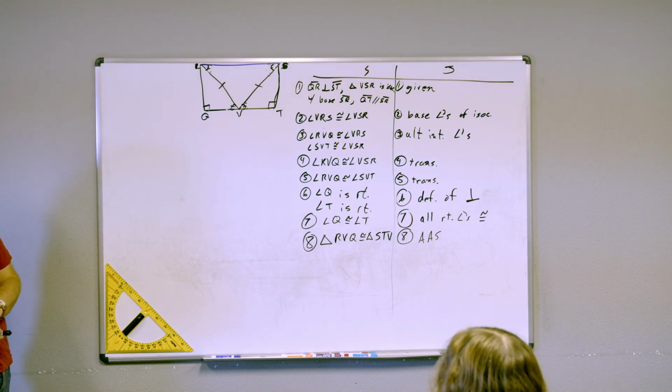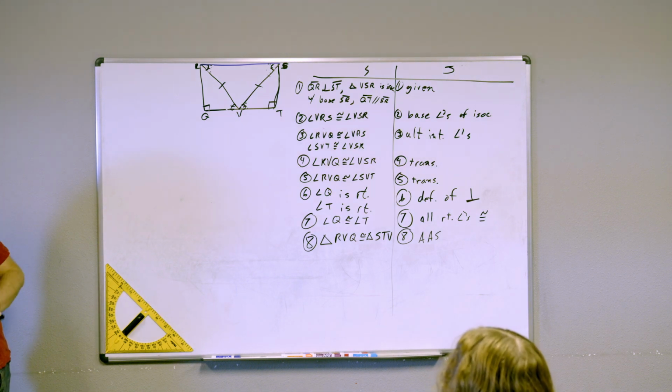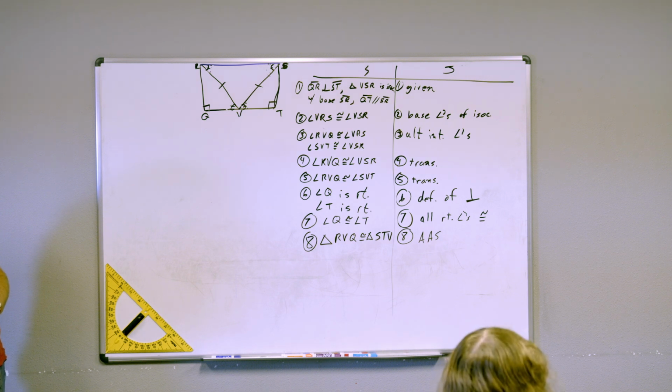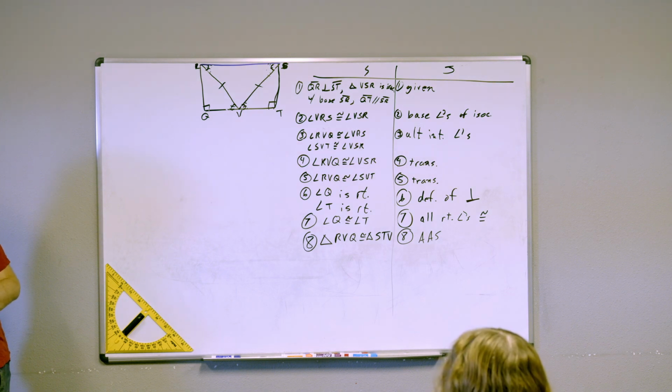Now it's in the picture, so I definitely wouldn't count off if you didn't put this, but they also said that RV is congruent to SV because of the definition of isosceles triangle. Oh, so we need to do that too? You would technically have to, if you wanted everything that you needed, because it's not in the given. All the given says is that it's isosceles.